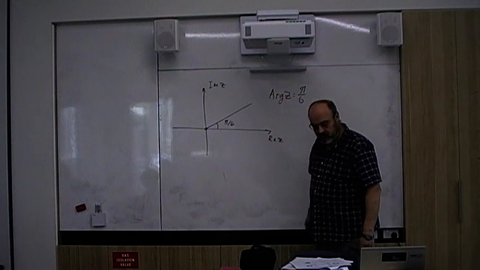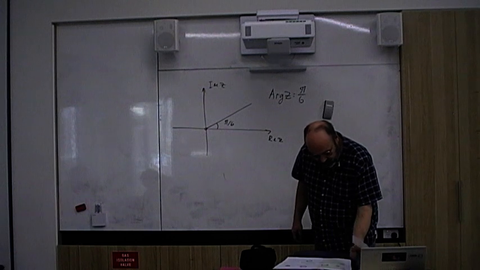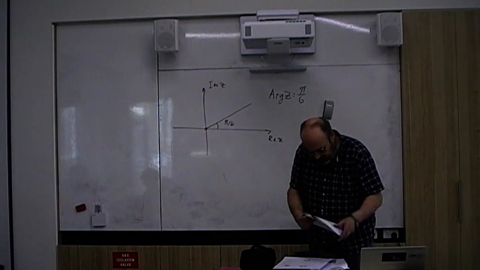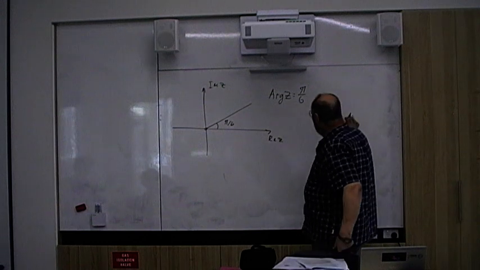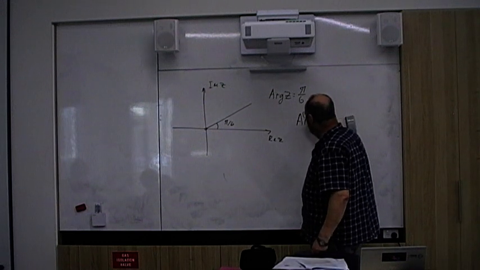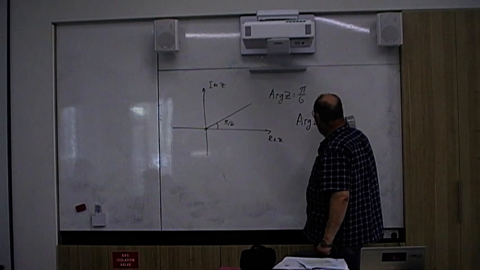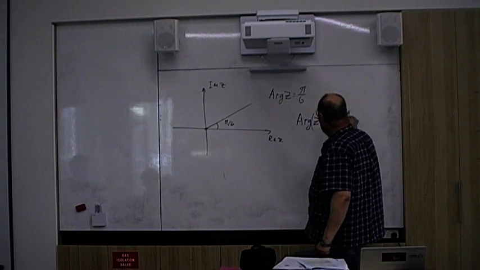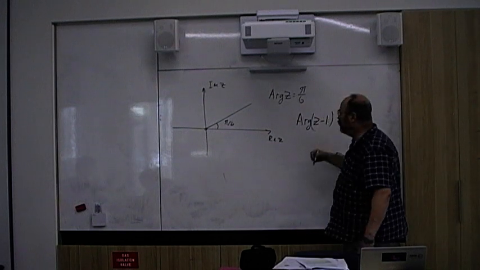So now, how will the next one look if we have, let's say, argument z minus 1 equals pi on 6? What do you think this will look like?